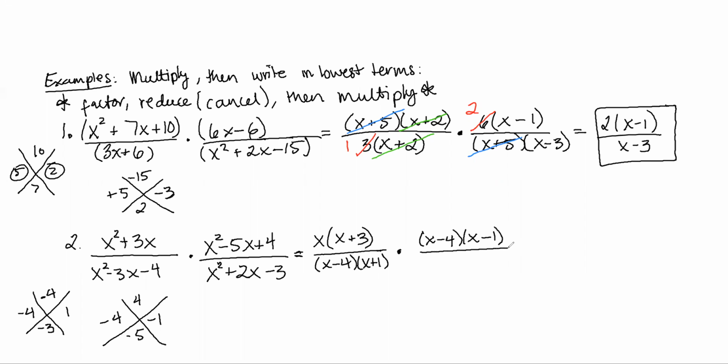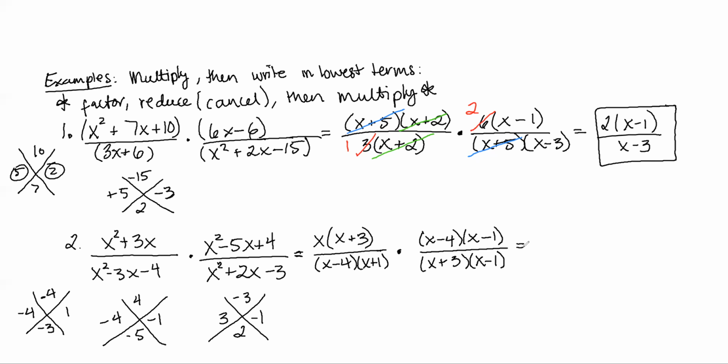And lastly, on the bottom, multiplying to negative 3, adding to a positive 2. The only two numbers that multiply to 3 are 3 and 1. One of them has to be positive, one is negative. The 1 has to be negative, so we add up to a positive 2. So we have x plus 3 and x minus 1.